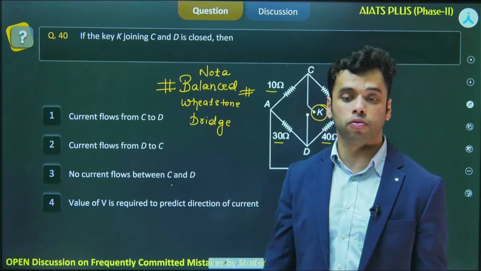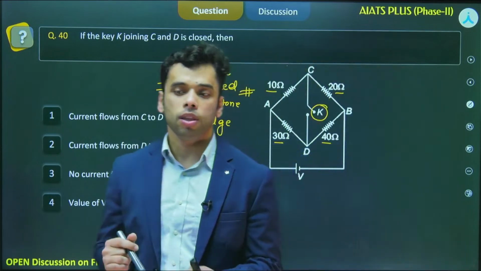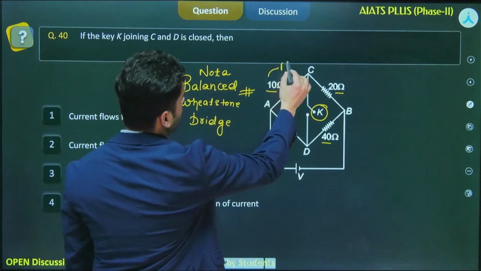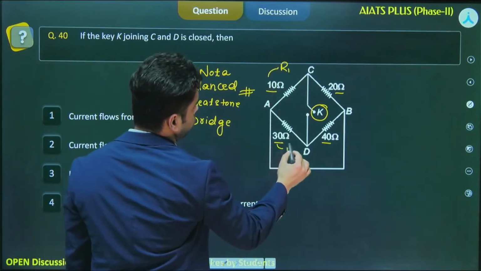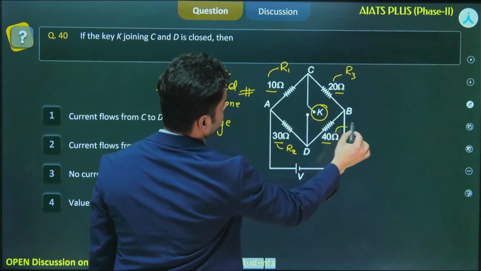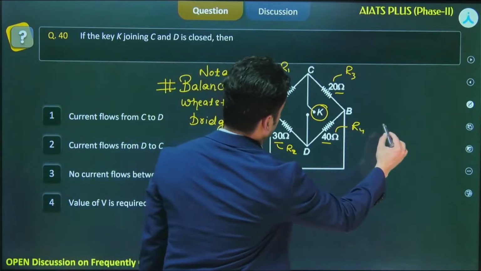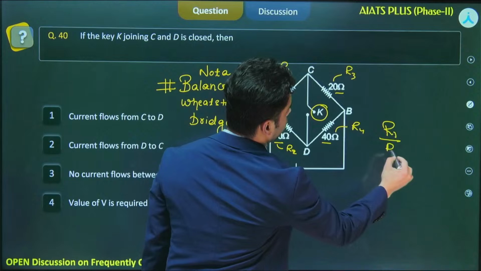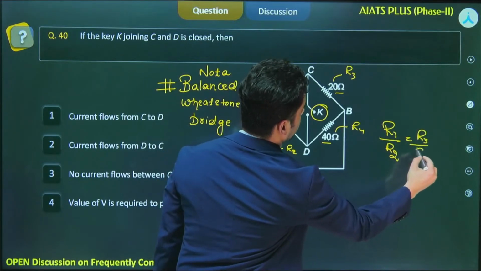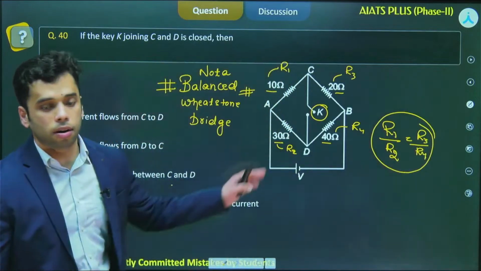How do we check the condition for the balanced Wheatstone bridge? Anyone? Give me the ratio. Let me take this as R1, this as R2, this as R3 and this as R4. If R1 by R2 is equal to R3 by R4, in that case the bridge will be balanced.